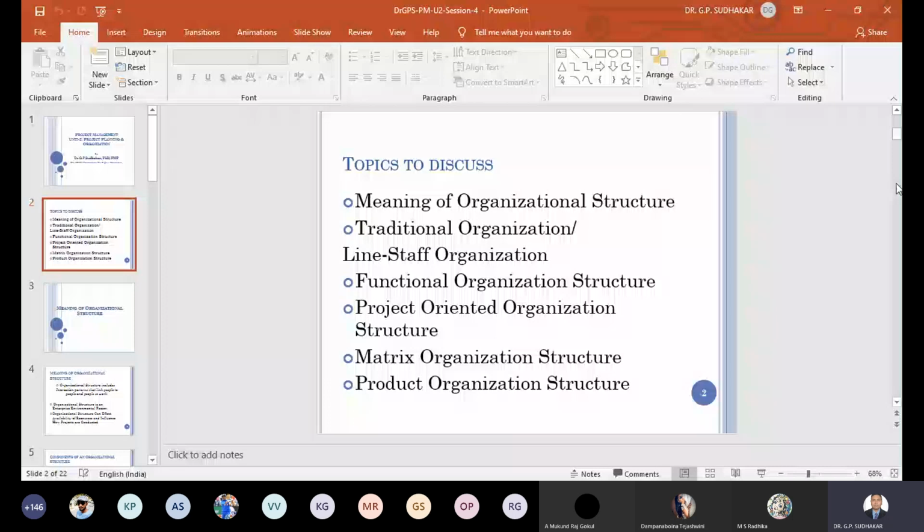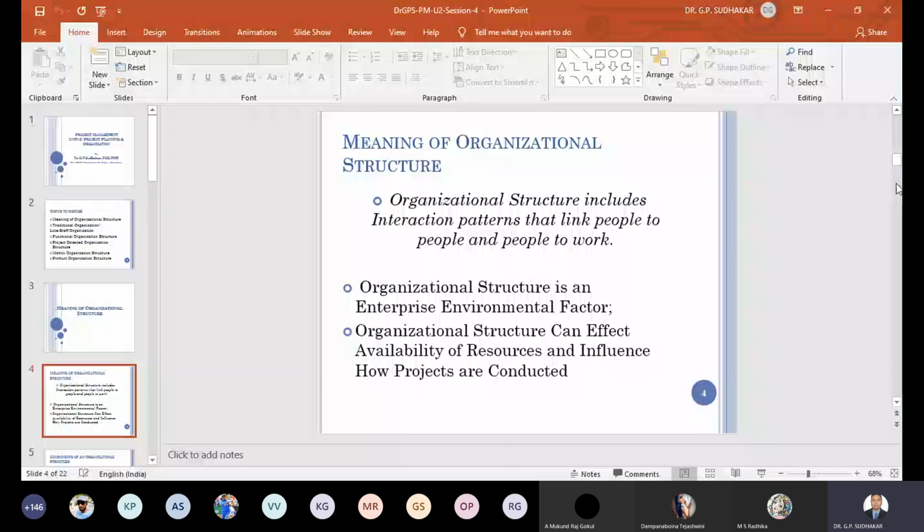See, basically, organization structure indicates the interaction patterns between people and tasks inside a project, or people and work, right?